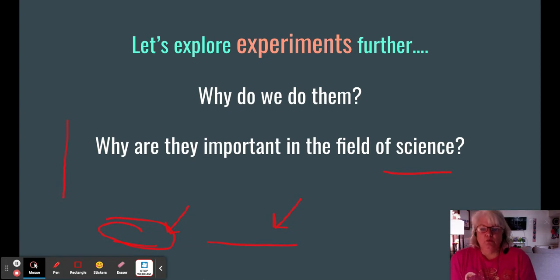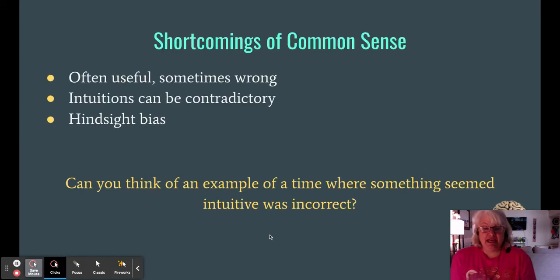So why do we do experiments? What's the point of doing an experiment and why are they important to science? I happen to love experimental design. I think it's an art form, and the better you are at it, the more you're going to get paid if you become a scientist. That's always good. Think about common sense, right?